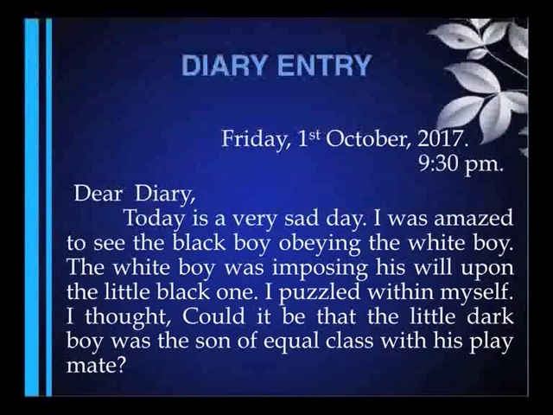Today is a very sad day. I was amazed to see the black boy obeying the white boy. The white boy was imposing his will upon the little black one. I puzzled within myself. I thought, could it be that the little dark boy was the son of equal class with his playmate?